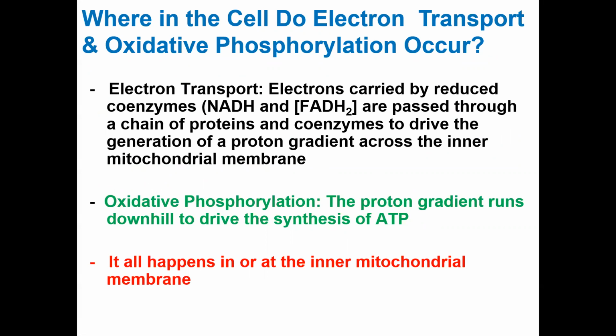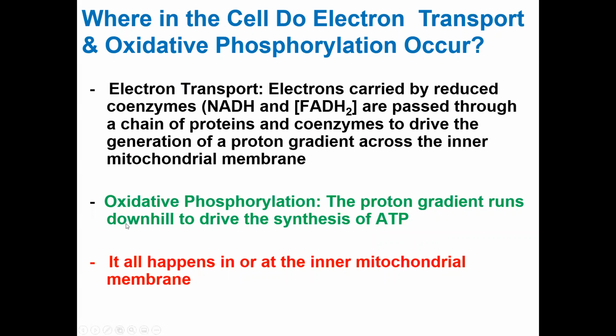As I said, electrons that are carried by the reduced coenzymes such as NADH and FADH2 are passed through a chain of proteins that are embedded in the inner mitochondrial membrane. Okay, and when the electrons are transferred to them, you generate a proton gradient, and that proton gradient runs downhill.